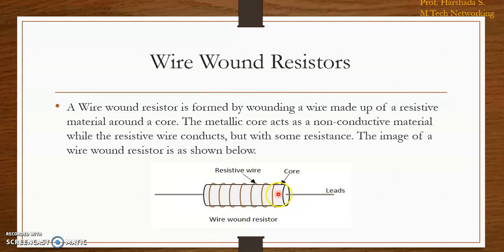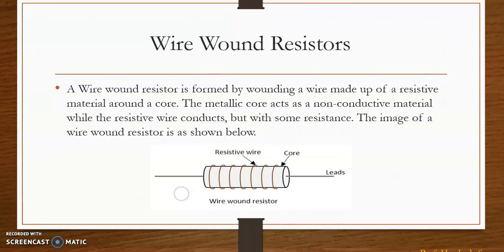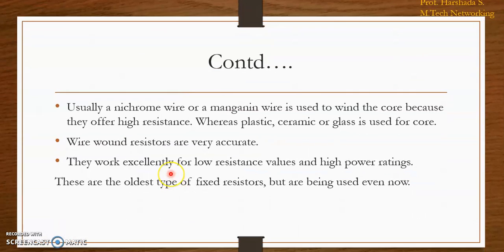Now this is the image to imagine what the wire wound resistor is. Here one core is there with the resistive wire wound over that core, and these are the leads. That means there are two leads for this resistor. Next, what is the exact wire which we wind?